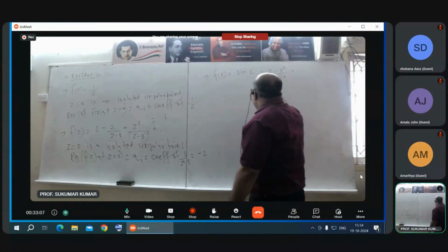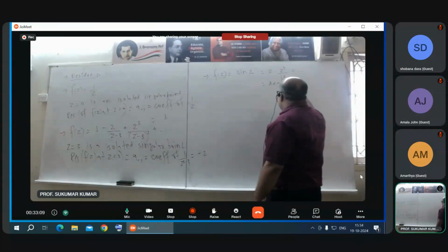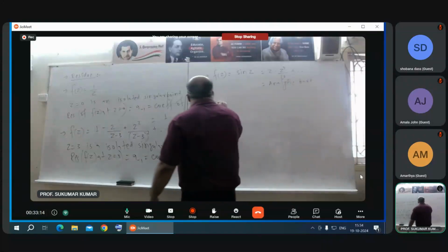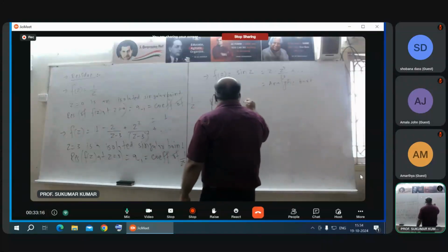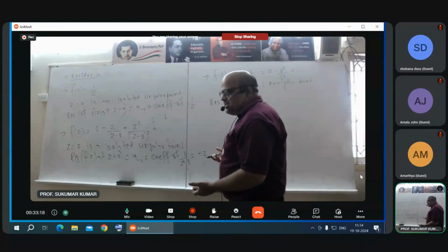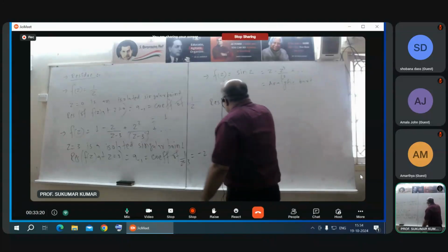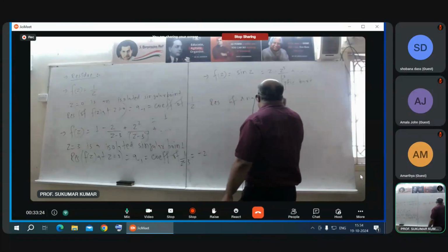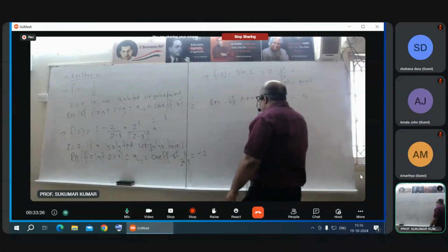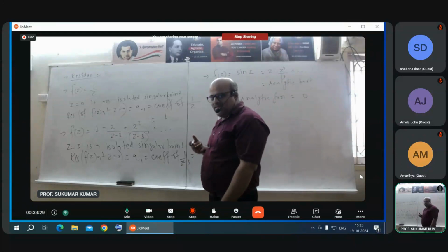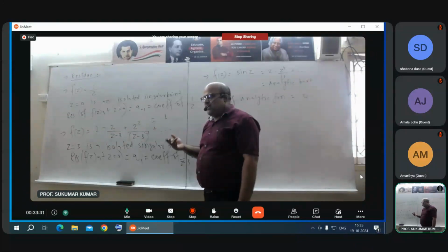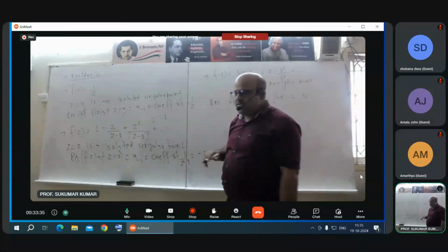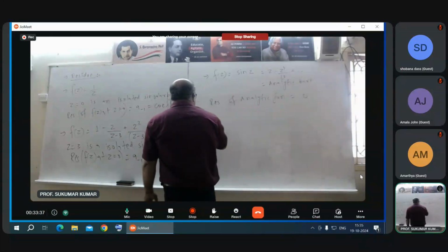Analytic part, no principal part, so no a minus 1. No singularity is here. So the residue of an analytic function is 0. One theorem also says the residue of an analytic function or removable singularity function is 0.